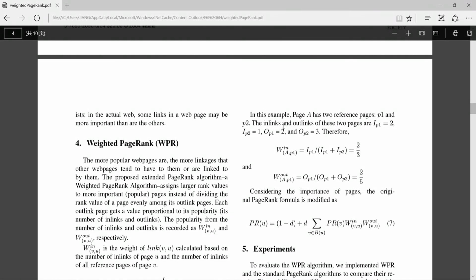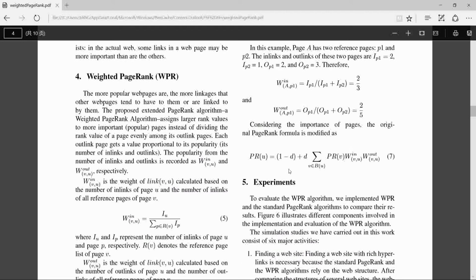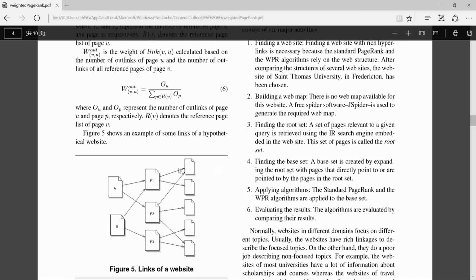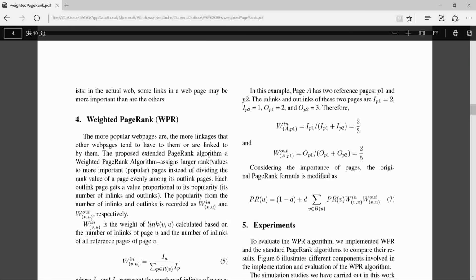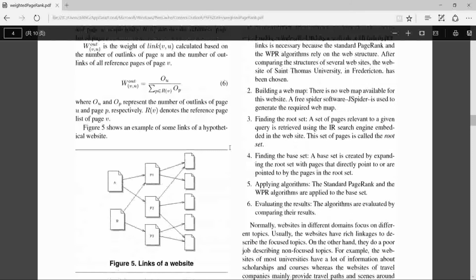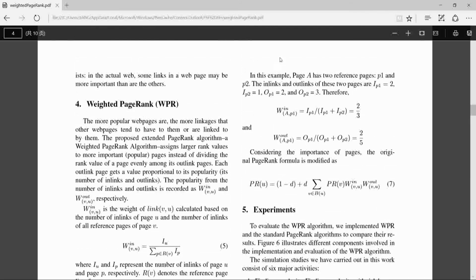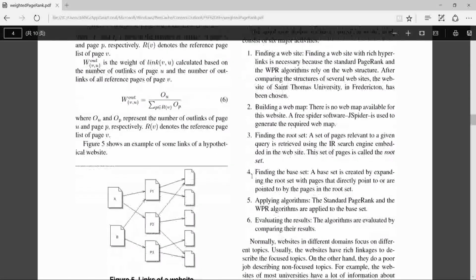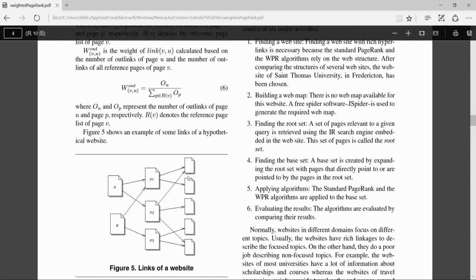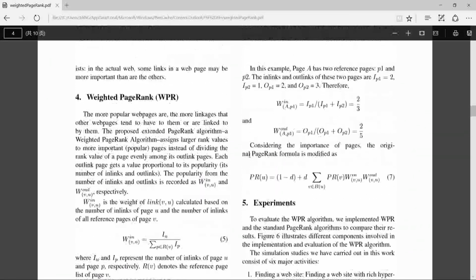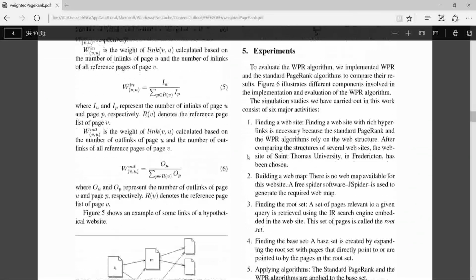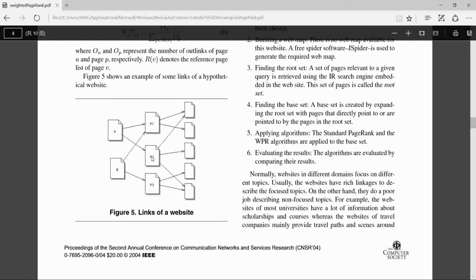The inlinks and outlinks of these two pages are: IP1 is 2, IP2 is 1, outlinks P1 is 2, outlinks P2 is 3.